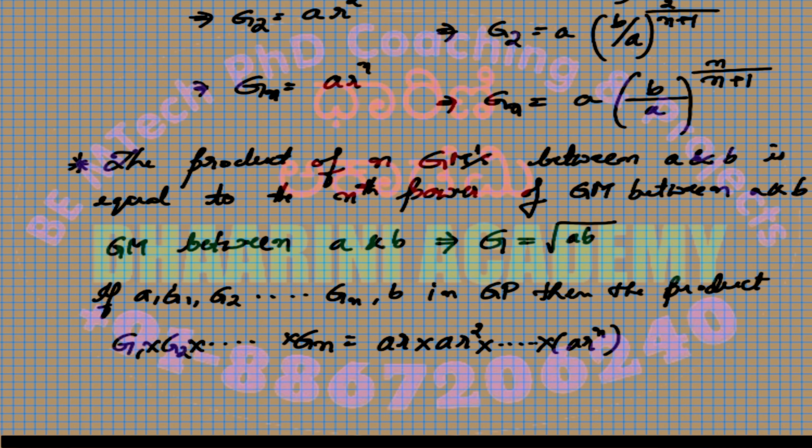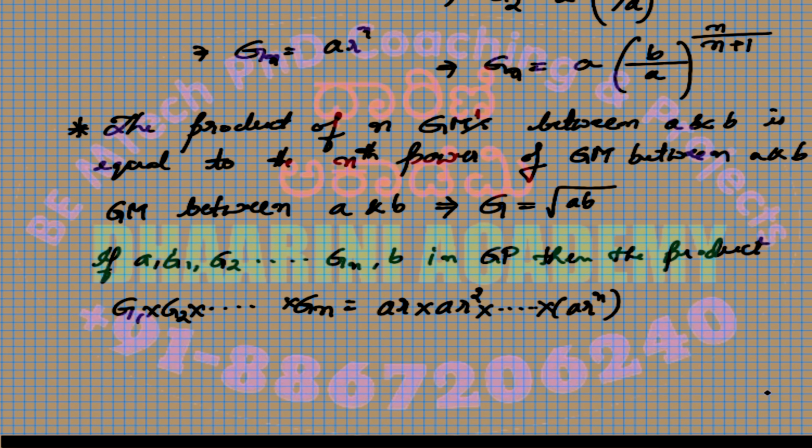So you can see that A is getting multiplied n times, so this gives you A to the n. Multiply this with R to the power 1, 2, 3 up to n, because every term you multiply has an increased power of R compared to the previous term.